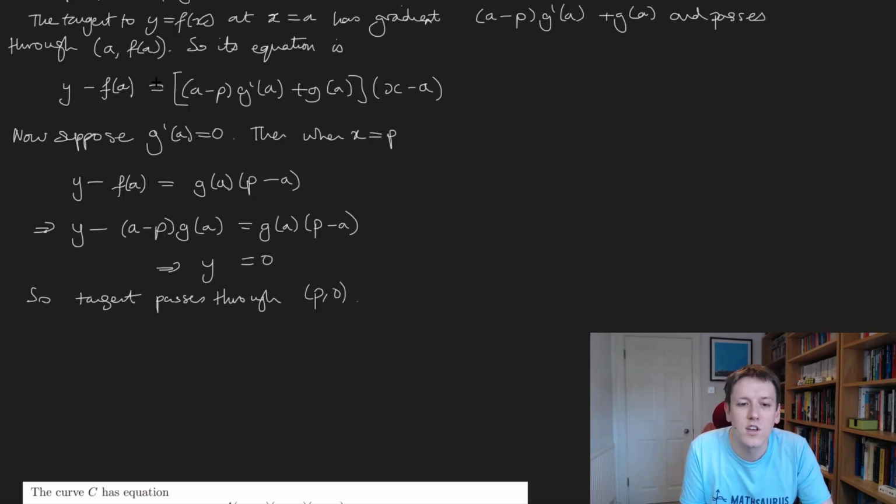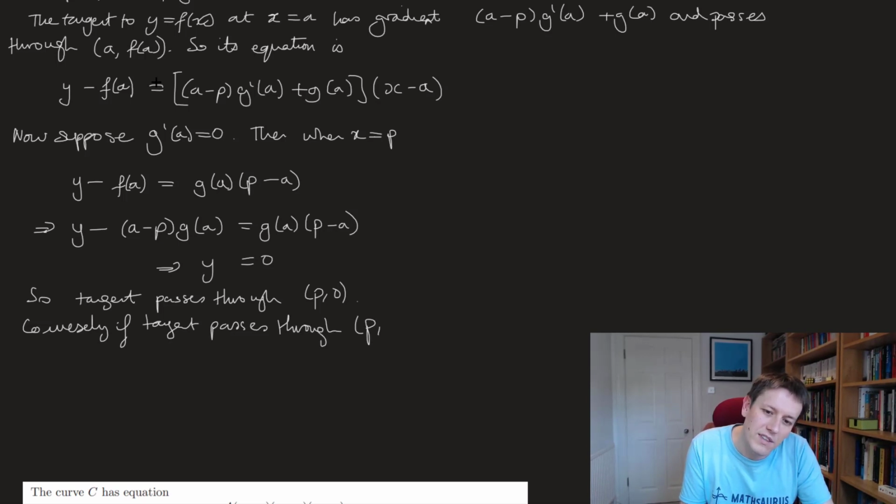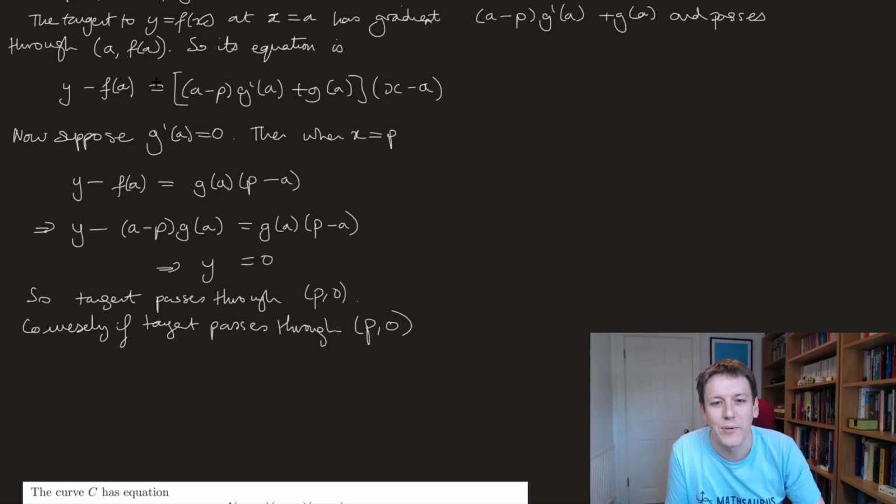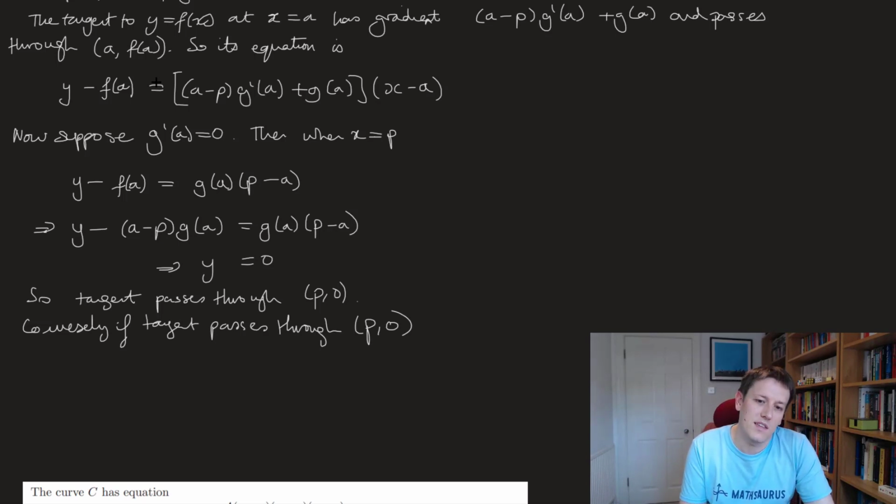And then conversely, if the tangent passes through p0, trying to write these up in a step-like way here, then going back to this definition, I would just put in 0 for the y coordinate, and p for the x coordinate, so I would get something like this.